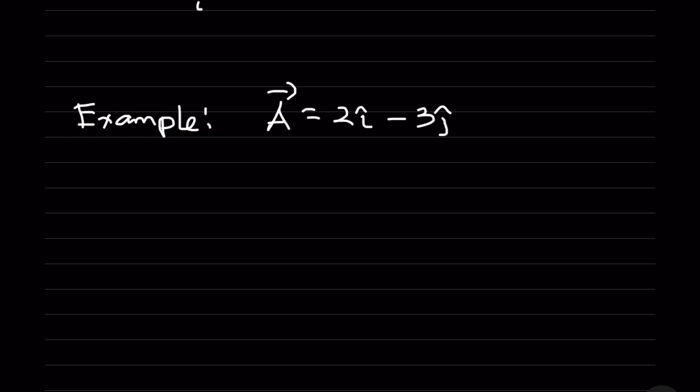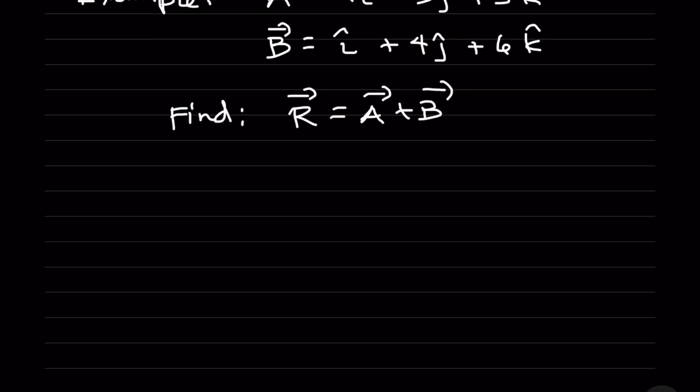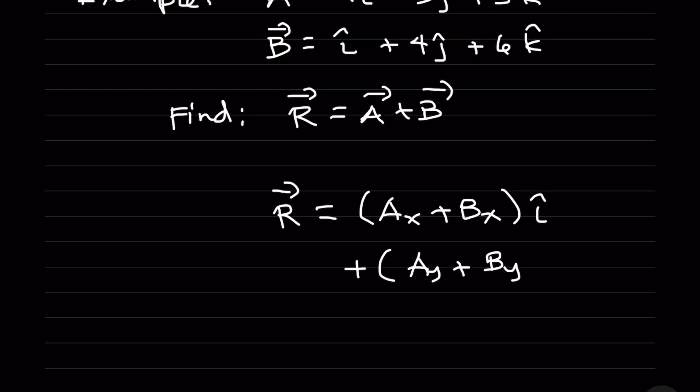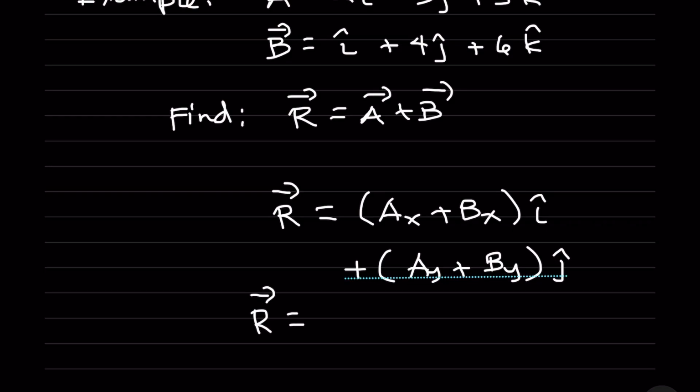Let us look at this example. Let us solve this example. So suppose you have two vectors given by these equations. What is the resultant vector R? So the resultant vector has x component, Ax plus Bx.